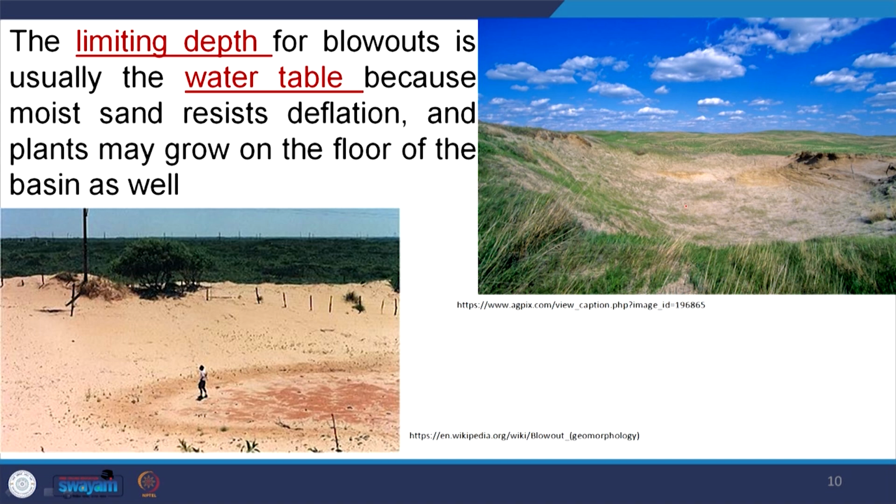The limiting depth of a blowout is usually the water table because most sand resists deflation there, and plants may grow on the floor of this basin as well. Once we have a water table, it promotes vegetation to grow, and the adhesive force between water and sand will increase, so it will resist further deflation.